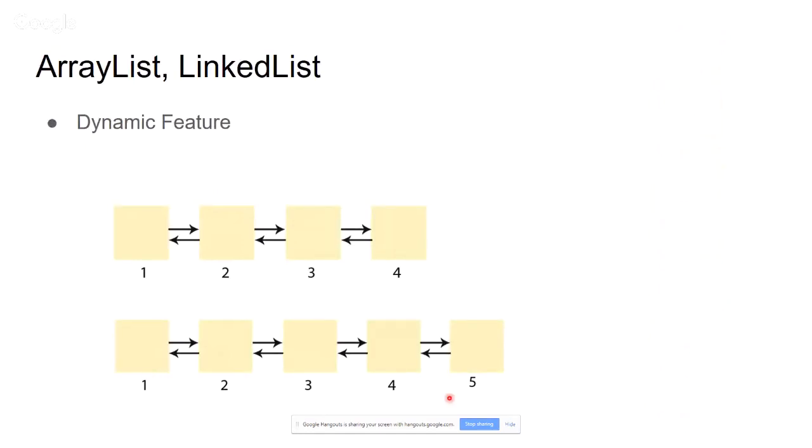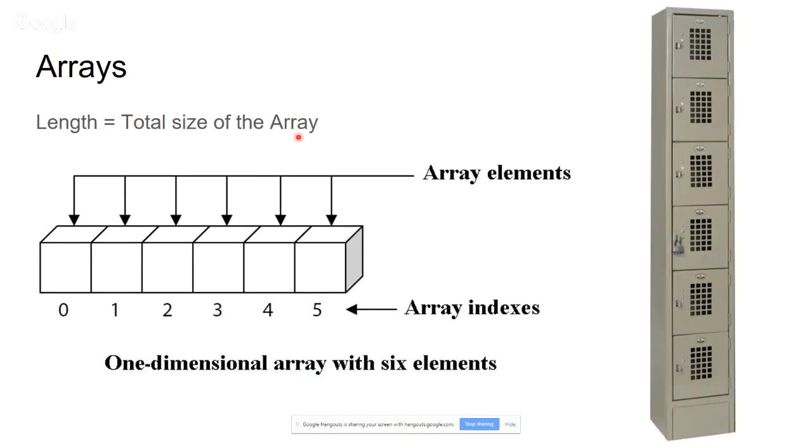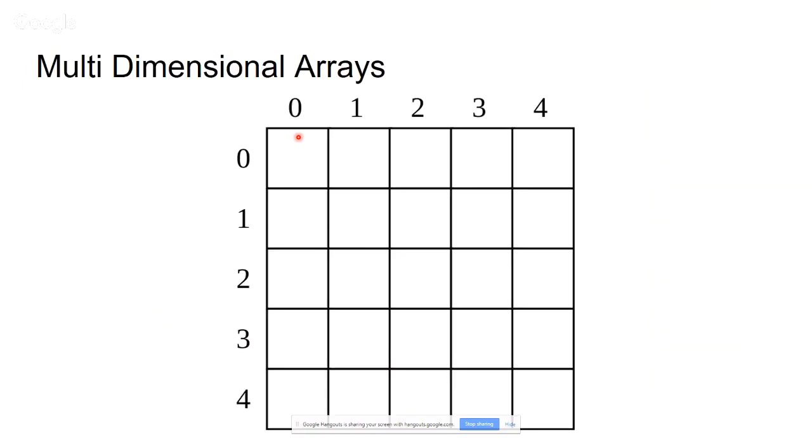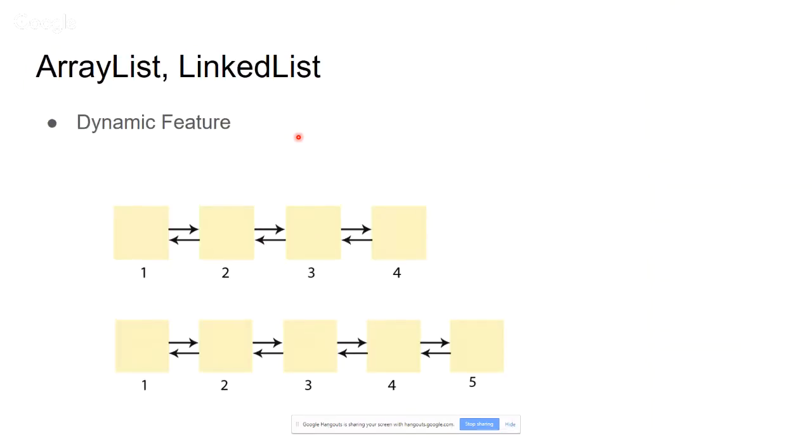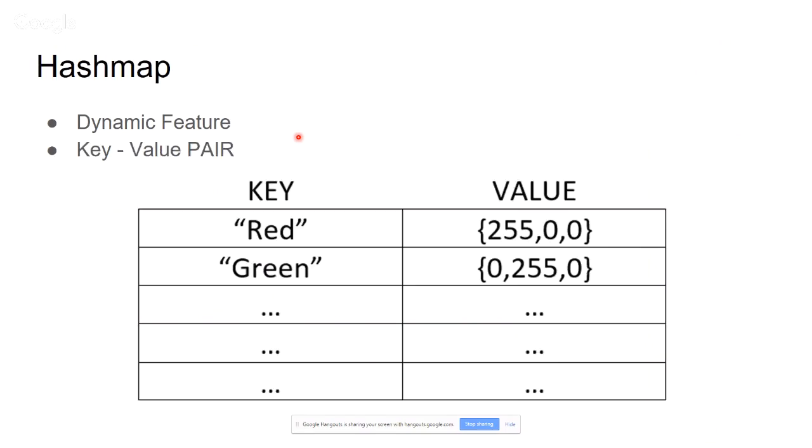We can simply add another node, and that node will have the reference of the node before it, and that's it. So array list and linked list give us a dynamic feature, and arrays have a static feature. You cannot change the size of an array at runtime, but basically they are mostly the same.